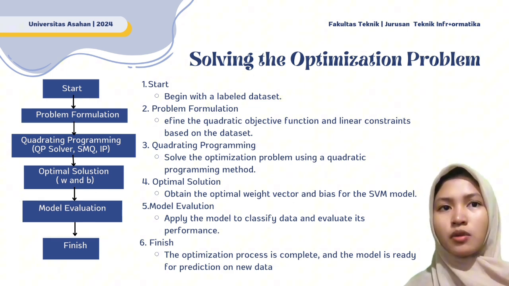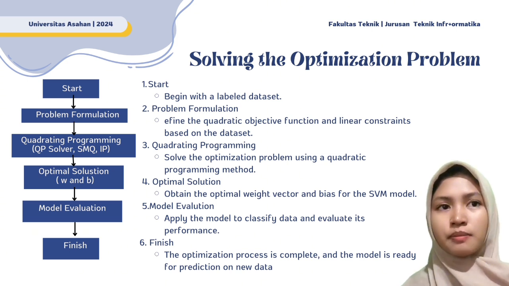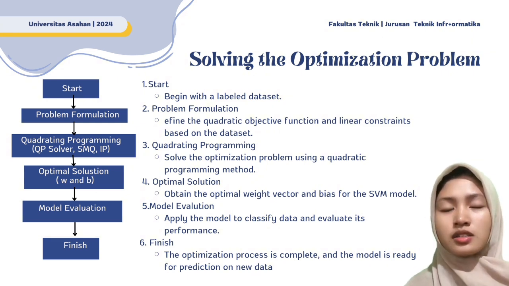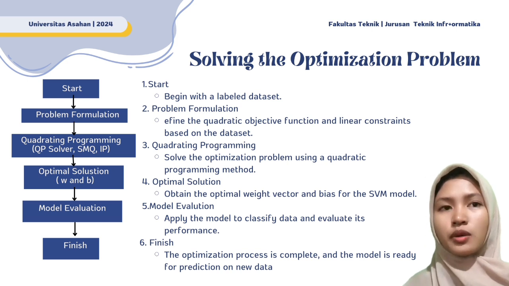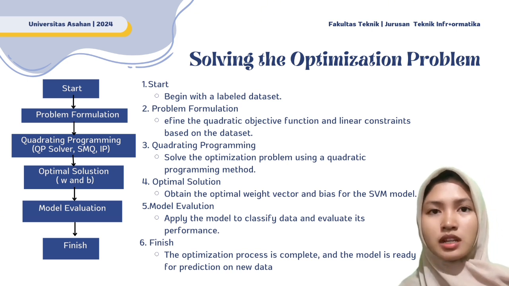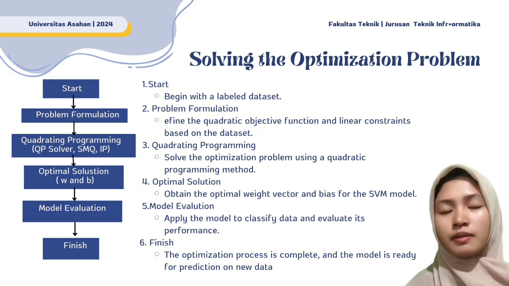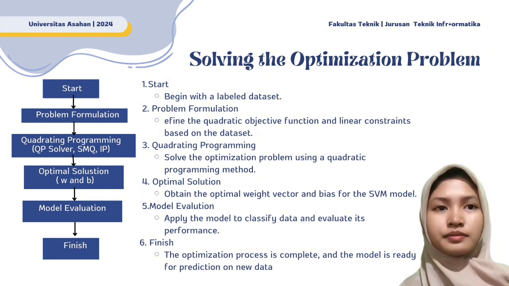Define the quadratic objective function and linear constraints based on the dataset. 3. Quadratic programming. Solve the optimization problem using a quadratic programming method. 4. Optimal solution. Obtain the optimal weight vector and bias for the SVM model.